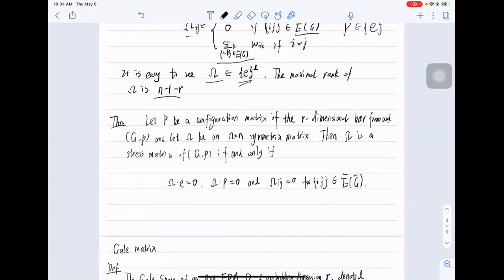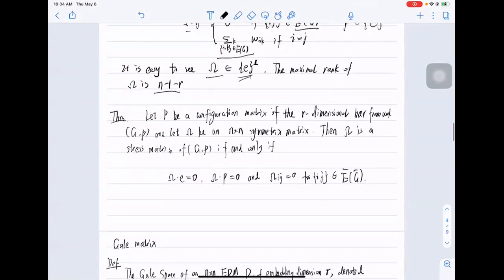If P is the configuration matrix of the r-dimensional bar framework, and omega is an unbiased symmetric matrix, then omega is the stress matrix of this framework if and only if omega times E is 0, omega times P is 0, and omega ij is 0 for all ij in the non-edge set.